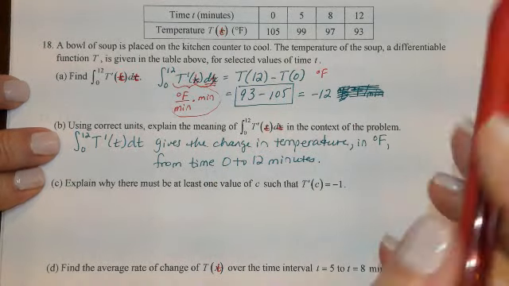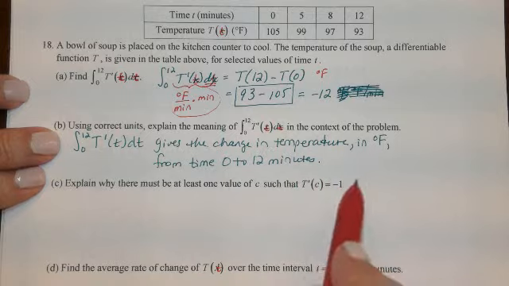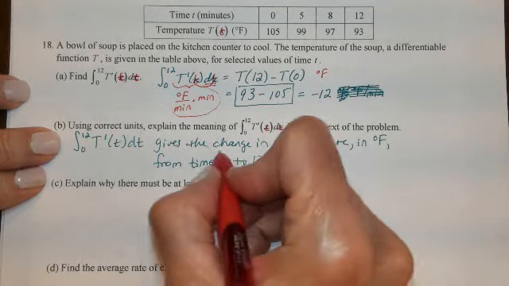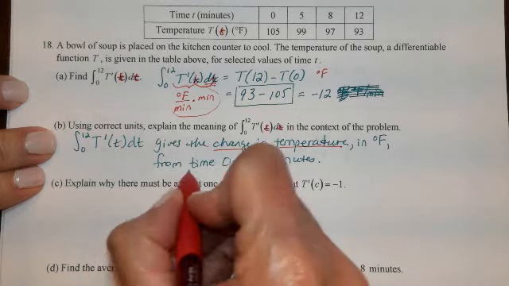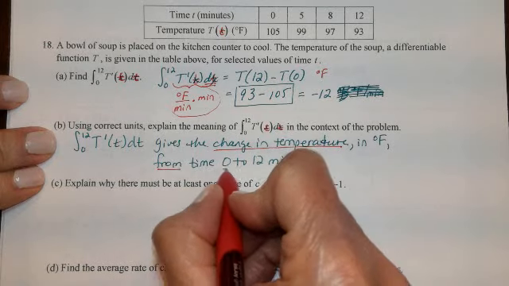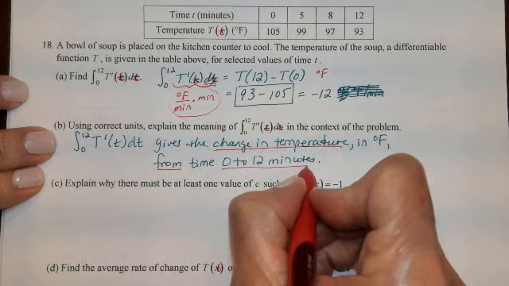Okay, here's what AP needs to see. They need to see the meaning, in this case change in temperature, from 0 to 12 minutes. They need to see that.